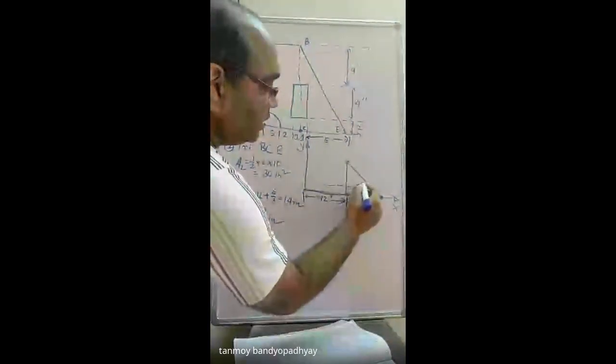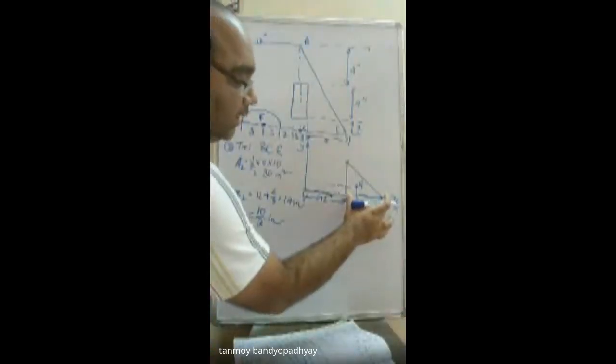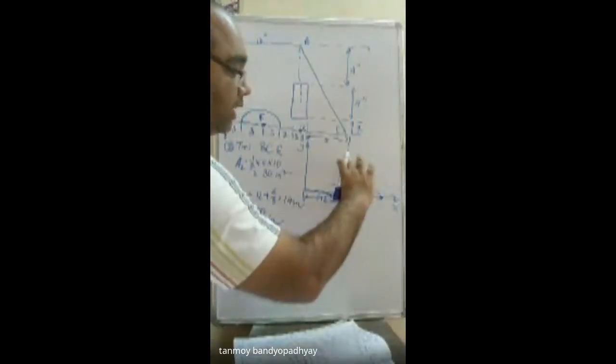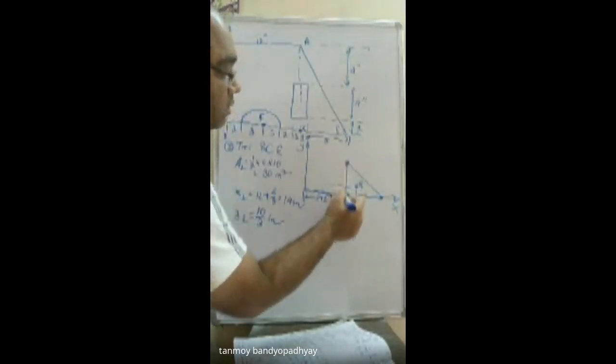From whichever side you are considering, when you are calculating it along x, take the depth to be 6 inches; when you are calculating it along the y-axis, take the depth to be equal to 10 inches. So this should be equal to 10 by 3 this height, and from this side it should be equal to 6 by 3.